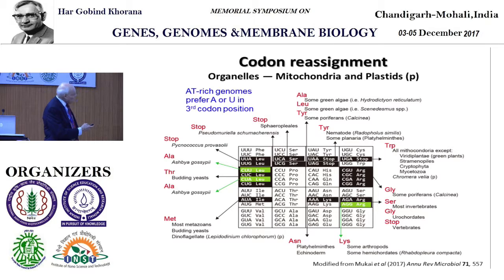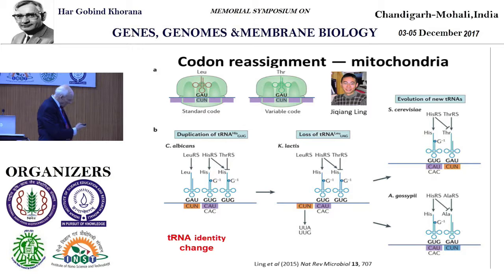To give you a quick example, if you look for codon reassignment in organelles, in mitochondria, all the amino acids that you see here in red are simply derived from what you see here in black or blue. The take-home message is it's actually very easy to do so, and I'll give you an example where we showed what is actually happening.